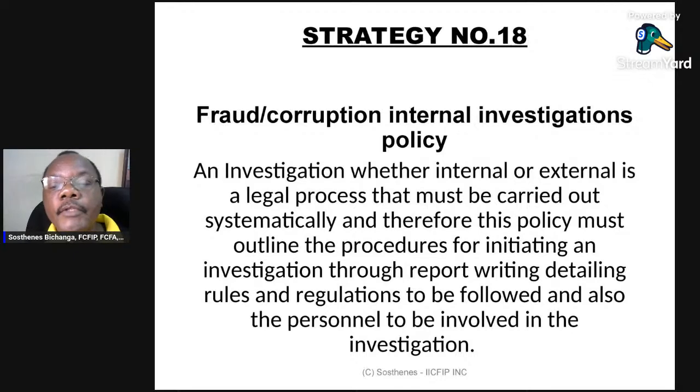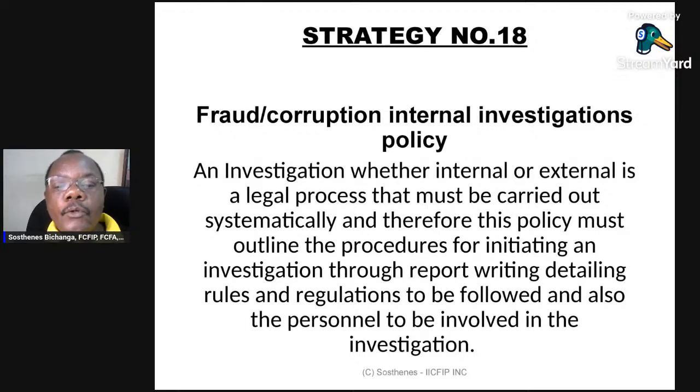Purpose of the internal investigations policy. The purpose of this policy is to: A. Ensure that rules, procedures, and other policies like whistleblowing and anti-fraud and corruption policies are followed in carrying out internal investigation.